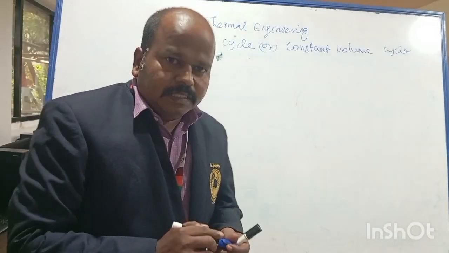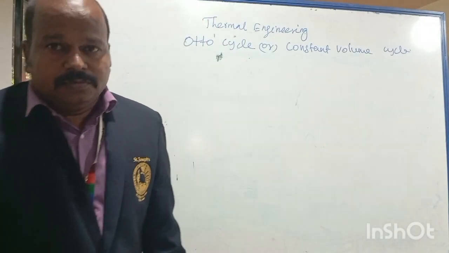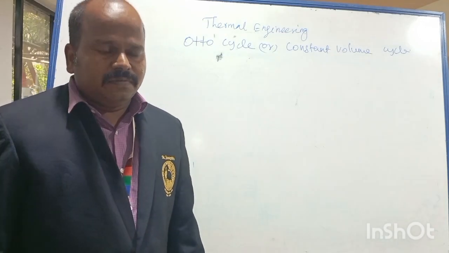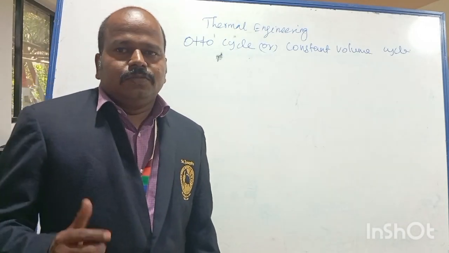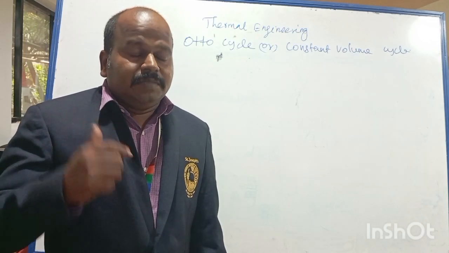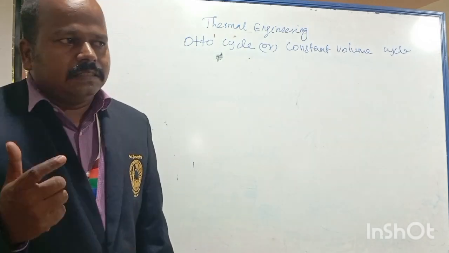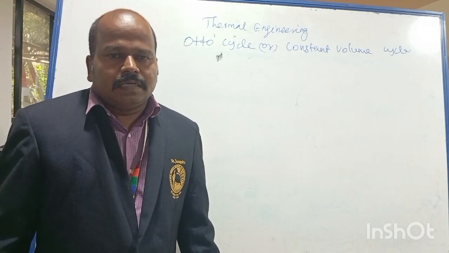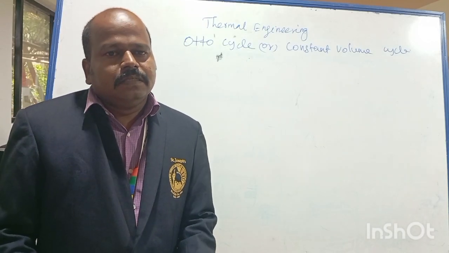Before getting to the subject, we should make some assumptions to simplify these cycles. First, the air used in the cycle is assumed to obey the gas law, that is PV equals mRT. The specific heats at constant volume and constant pressure are the same throughout the process.